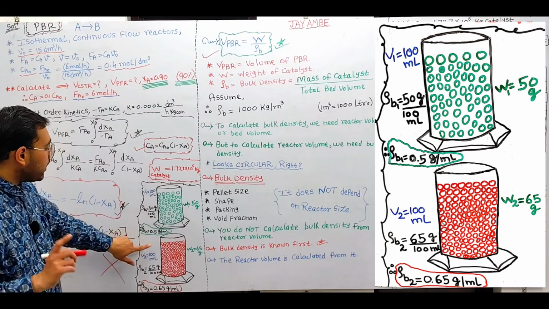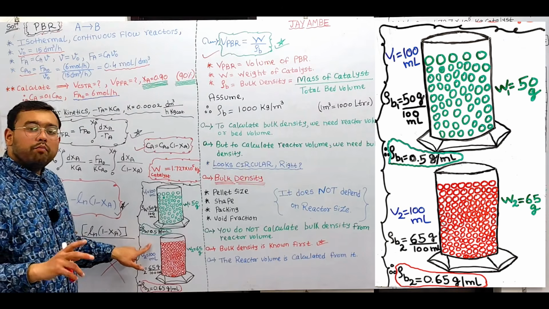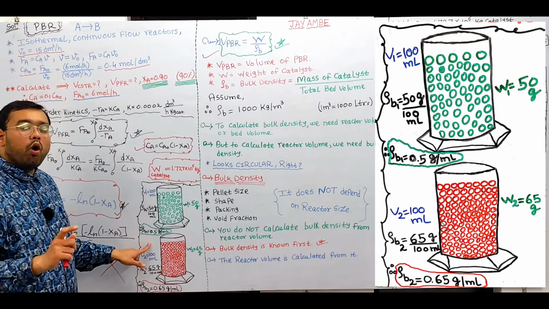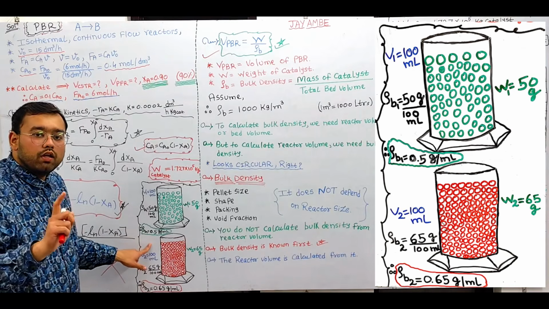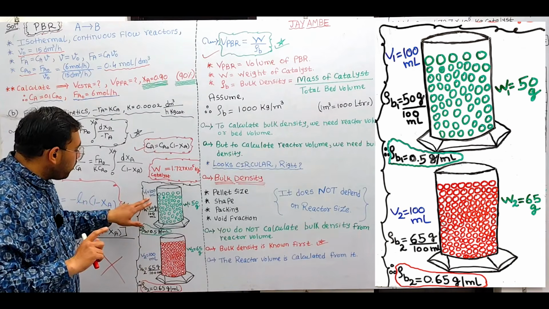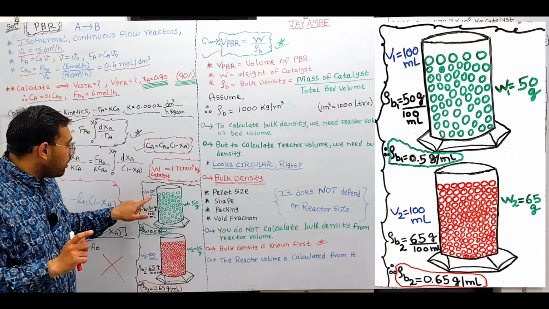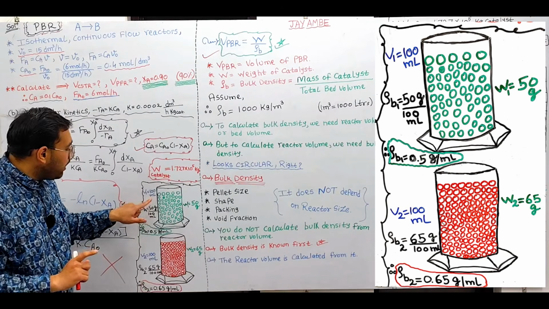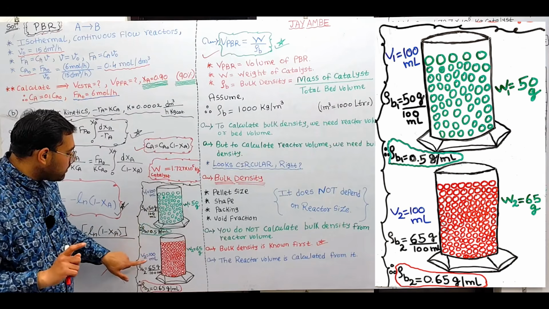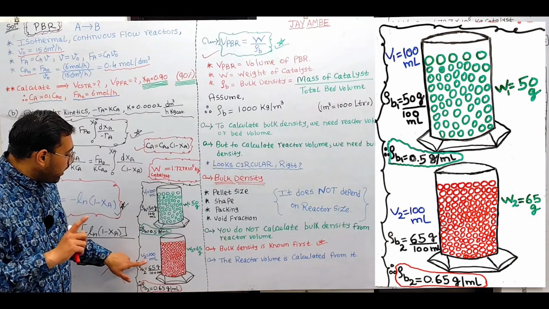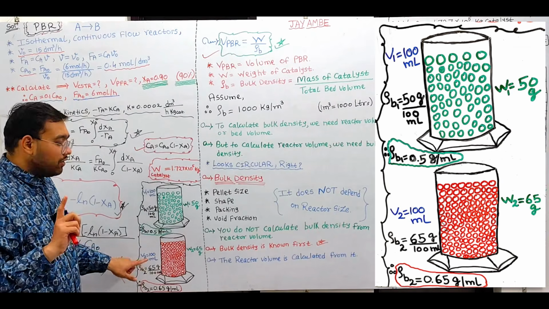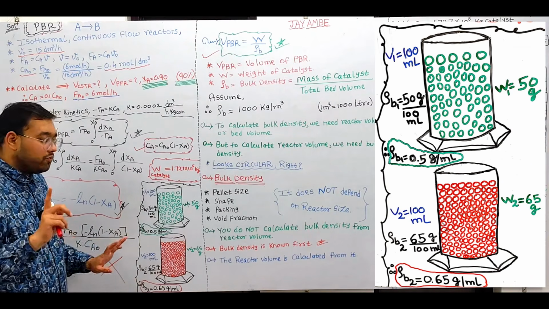In the first case we have a measuring cylinder, and in the second case I'm using the same measuring cylinder, which means I am keeping the volume of the measuring cylinder the same. For both cases I am using a 100 ml volume measuring cylinder. Up to here you have understood, right?